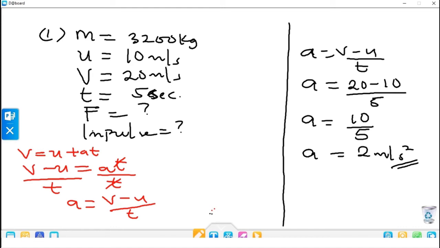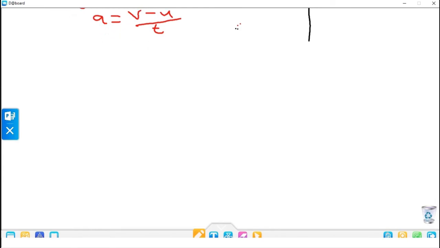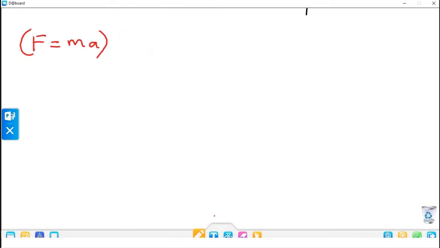Now, having obtained the acceleration of the truck, we can now determine the magnitude of the force. From Newton's second law, F is equal to ma.